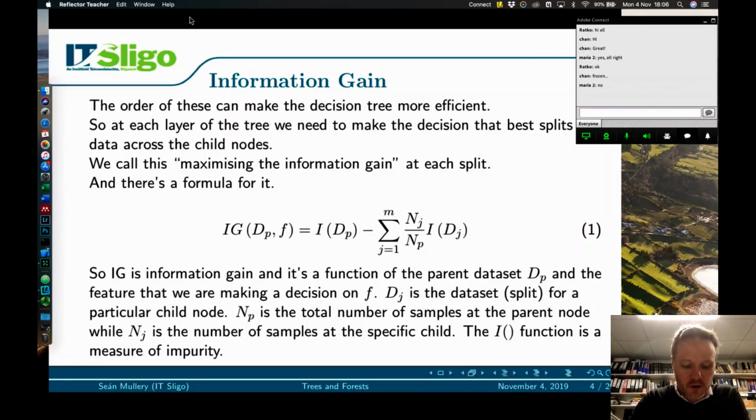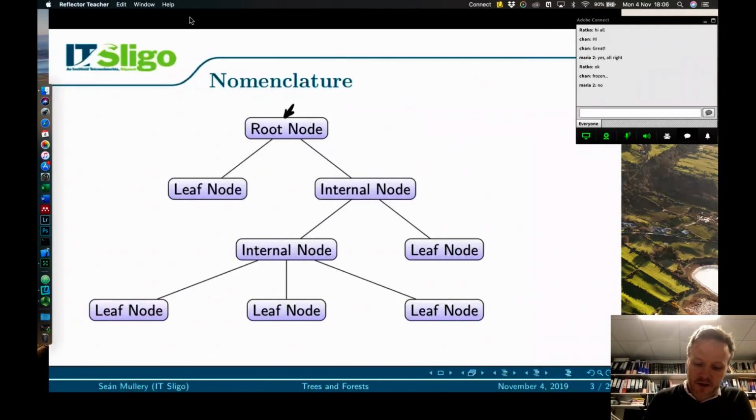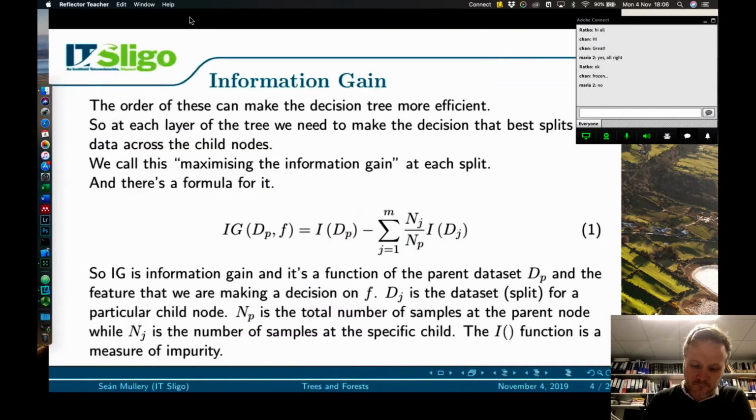So at each layer of the tree, we need to make the decision that best splits the data across the child nodes. Now, the child nodes is the idea that this is the parent, and these two would be child nodes of that parent. So when we're making a decision, we need to make the best decision that best separates the data at that particular position.